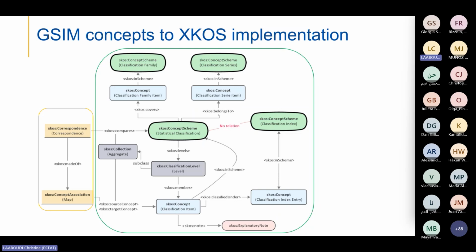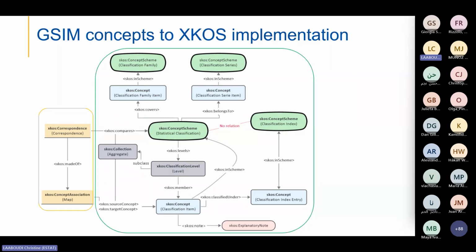In gray, we have the aggregates, so the collection or the subclass classification level. For the NACE, we have, for instance, the NACE classes. And then we have, in yellow, the XKOS correspondence, which is a dataset that contains a mapping concept association. And with the arrows, you can see the different properties linking the classes.